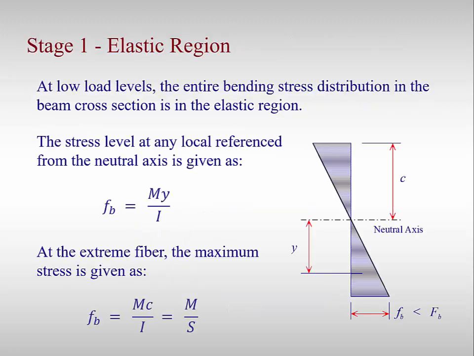The first stage is where the stress distribution is fully elastic and occurs at relatively low load levels. We looked at this stress distribution before. The stress at any location can be determined by the bending stress formula, My over I, or for the maximum stress that occurs at the extreme fiber, or distance c from the neutral axis, M times c over I, or M over S, where S is equal to I over c.